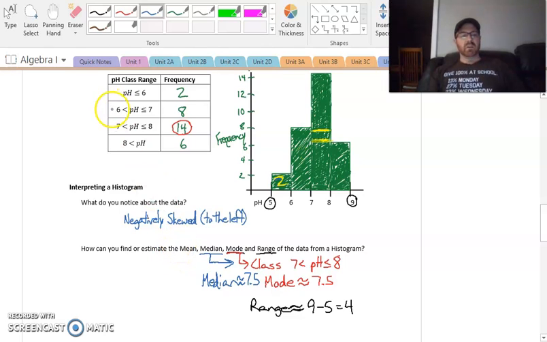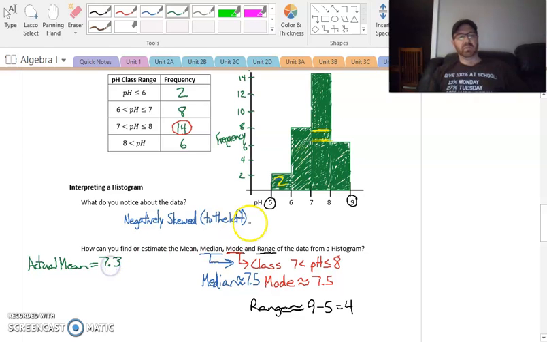So then the last one, the mean. Again, if we had all of the data, then we could just say that the mean was 7.3. If you added up all that data, the actual mean equals 7.3.